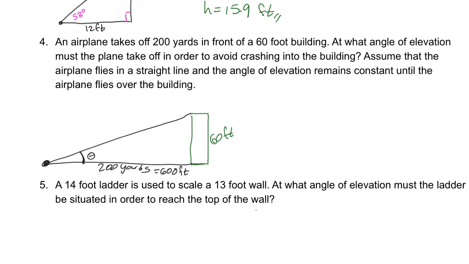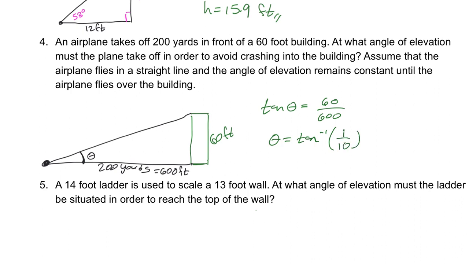Again, on this one, I don't have the hypotenuse. I have opposite and adjacent. So that means tangent of theta equals opposite over adjacent. So theta equals the inverse. In this case, I'm using the inverse because I'm finding the angle. So this simplifies to 1 over 10.